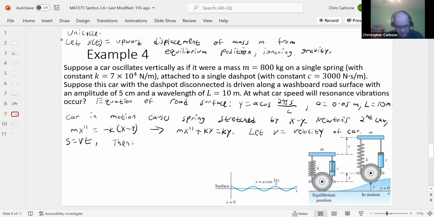Then we can rewrite this as mx double prime plus kx is equal to ka times the cosine of 2 pi vt over L. And this describes the vertical oscillations of the car.